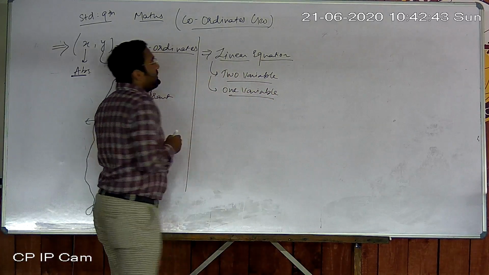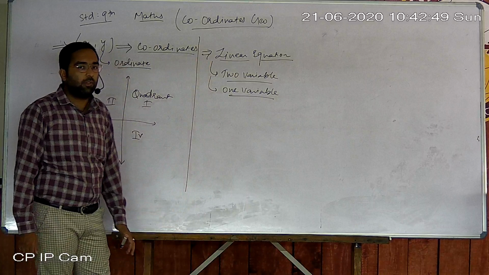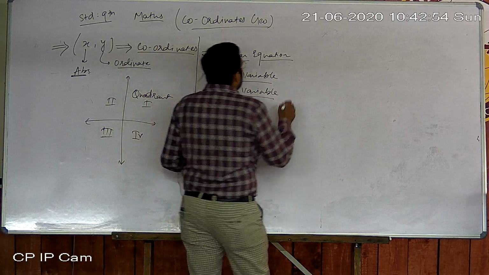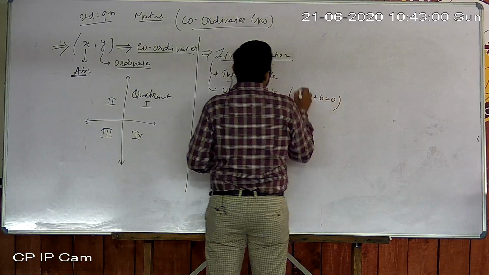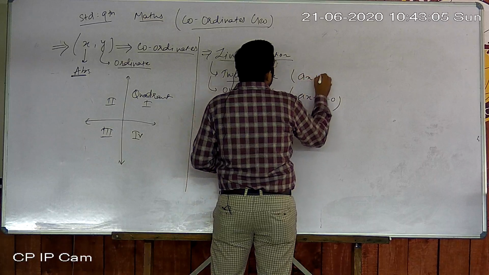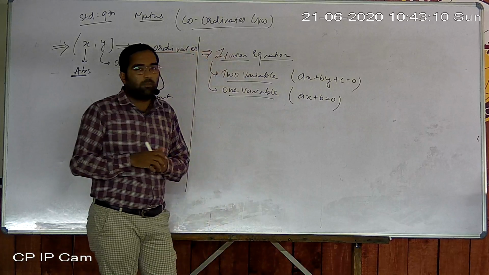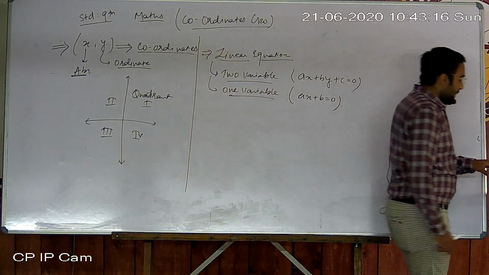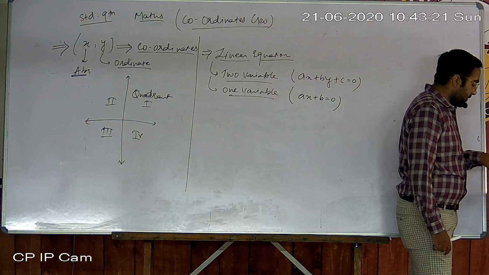In the polynomials, we know the linear equation in 1 variable has the standard form ax plus b is equal to 0, and in 2 variables the standard form is ax plus by plus c is equal to 0. Here x and y are the variables, and a, b and c are the constant terms.